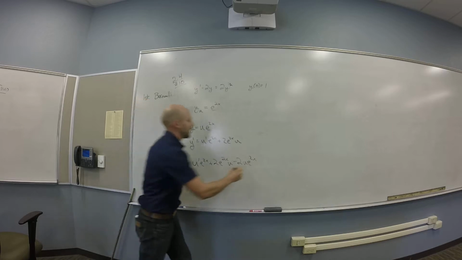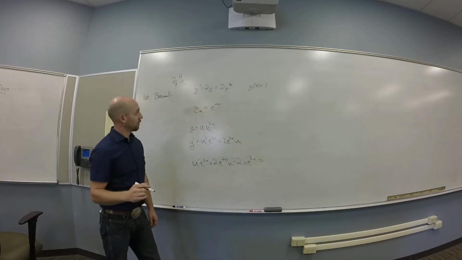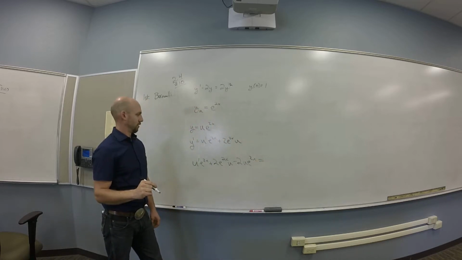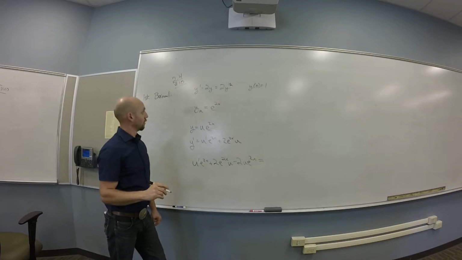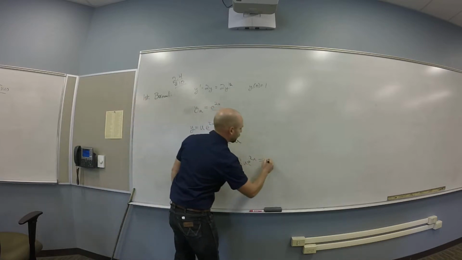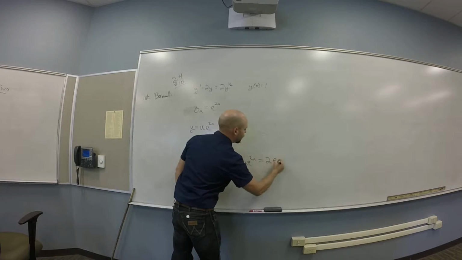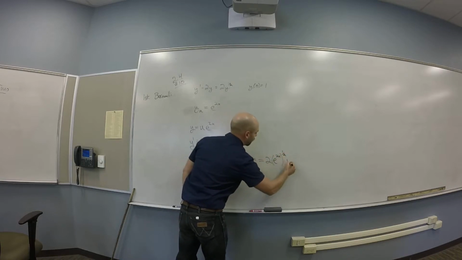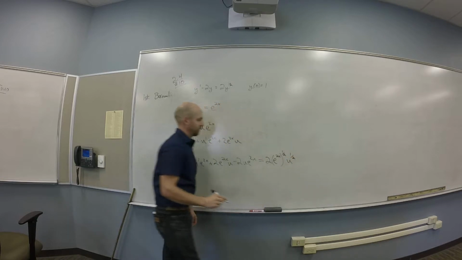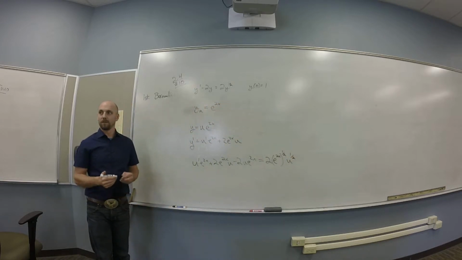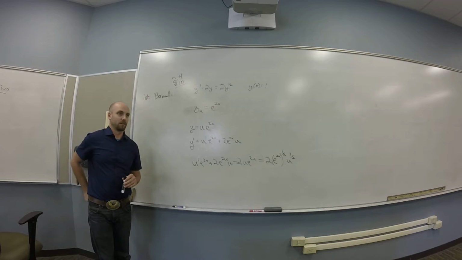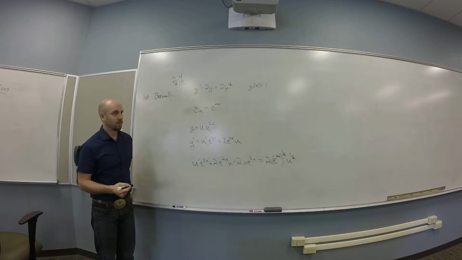Yeah. Okay, and that's supposed to equal 2 times u e to the 2x to the 1/2. Okay, so 2 times e to the 2x to the 1/2 u to the 1/2. Cool. Then what?